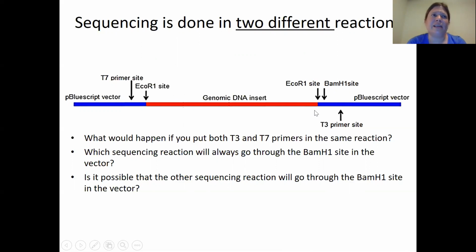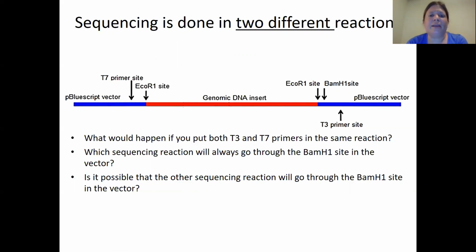Again, we can generally get between 800 and 900 nucleotides worth of good sequence. So if your insert is smaller than that, your T7 reaction might also end up including the BamHI site on the other end, because they're just going to start and go for about 800 to 900 nucleotides. They don't know whether they're sequencing insert or vector or what.